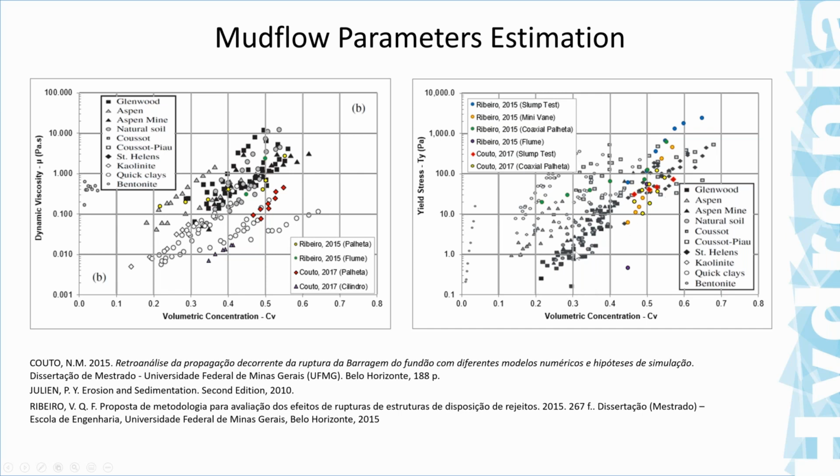You can see how the variation of volume concentration in the usual range between 0.2 and 0.6 gives very substantial changes in both the yield stress and the viscosity. So what we have done is use these correlation functions that allow the model to compute the yield stress and the viscosity based on a given data set like the one I'm showing here.